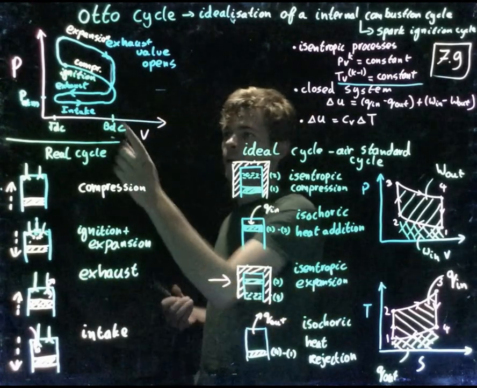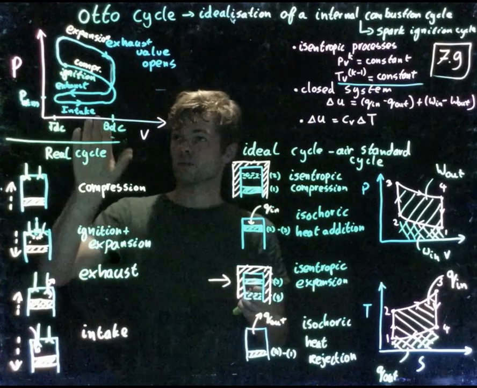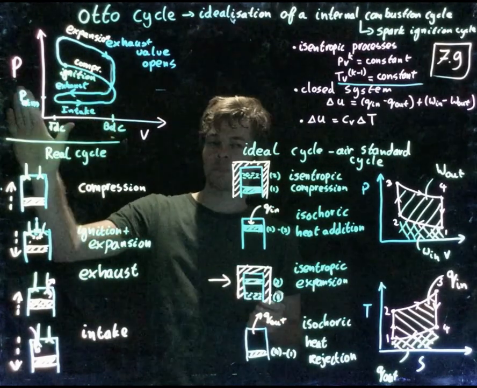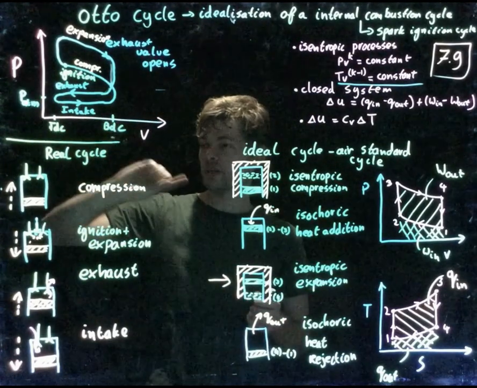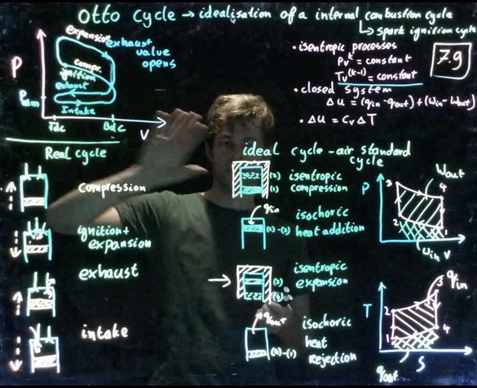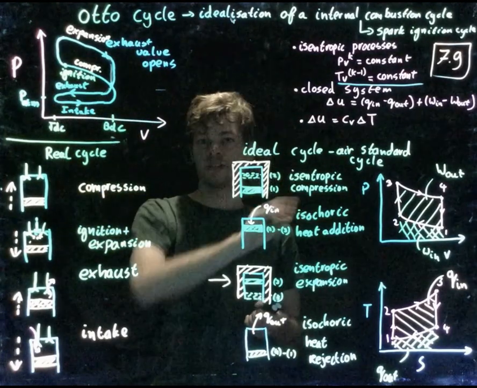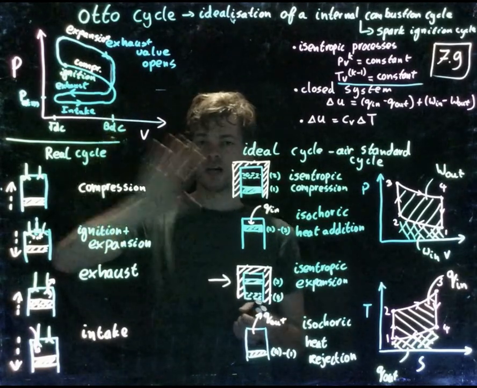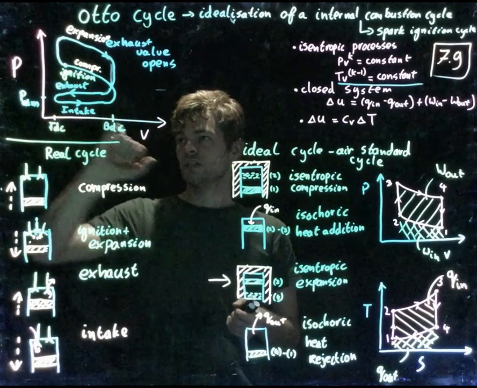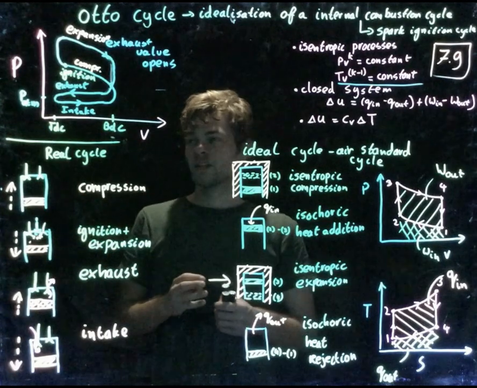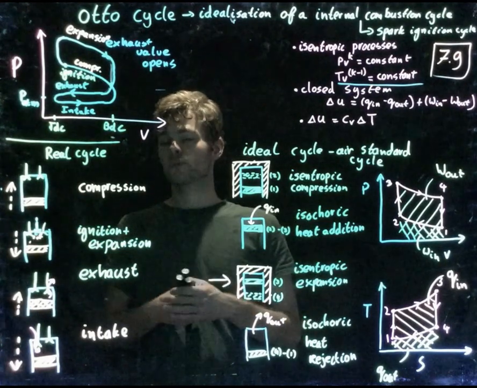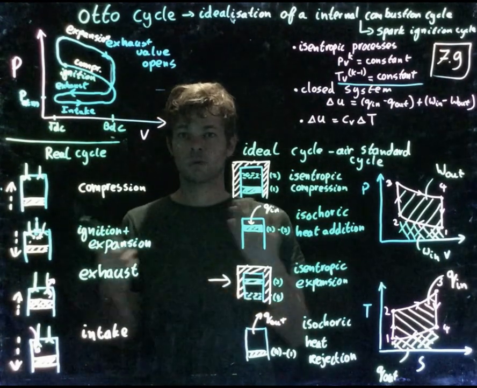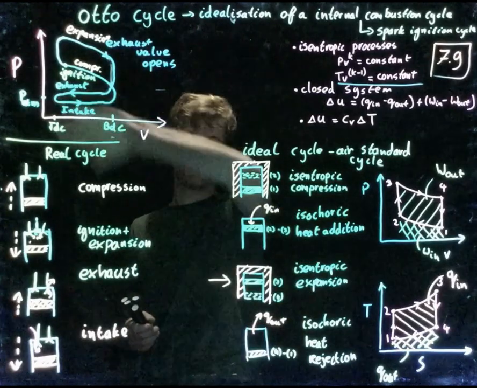This is in a 4-stroke engine, because in a 2-stroke engine this phase will be skipped. These strokes are usually modeled in an ideal cycle as well, but since the volume and pressure during the exhaust and intake process remain the same in an ideal cycle, the integral will be 0. So this is usually omitted in this analysis.